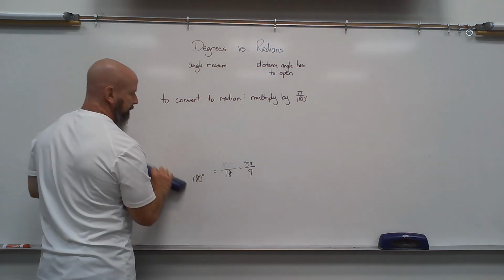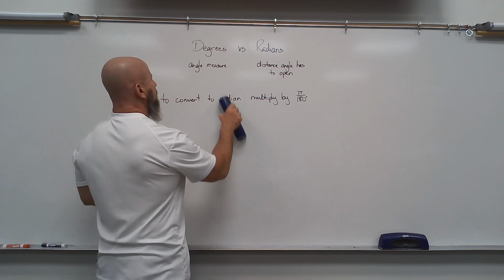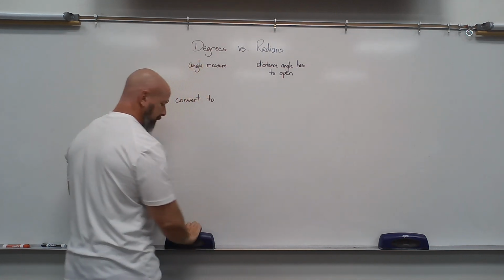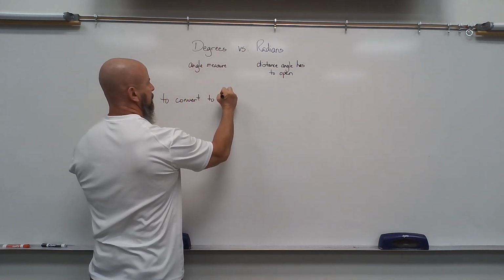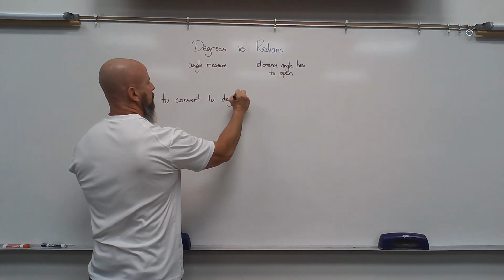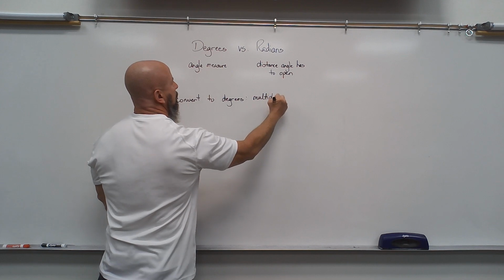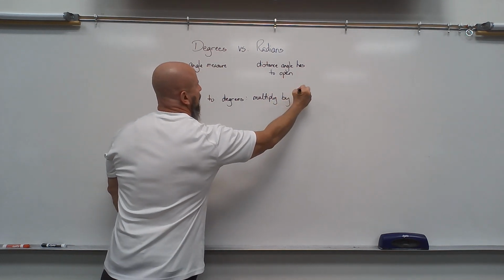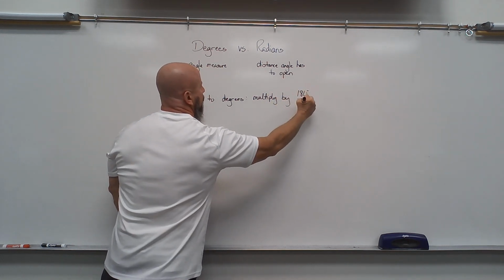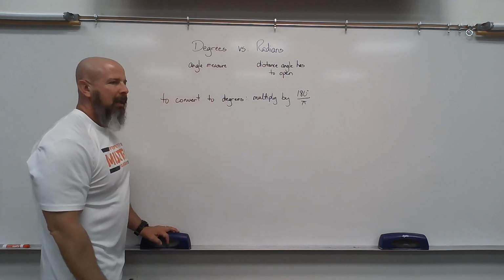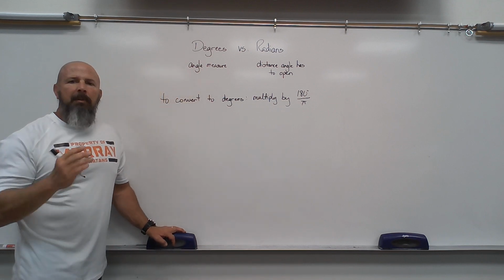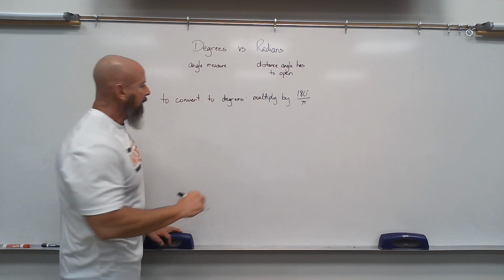To go the other way, let's say I want to convert to degrees. We're going to multiply by 180 degrees over pi. So to convert to degrees, multiply by 180 degrees over pi.